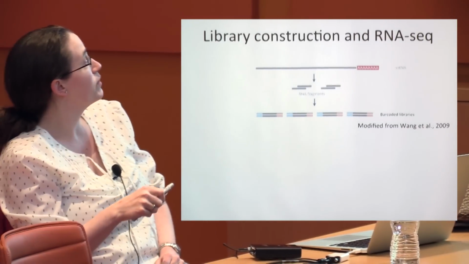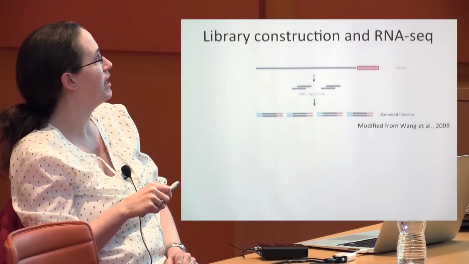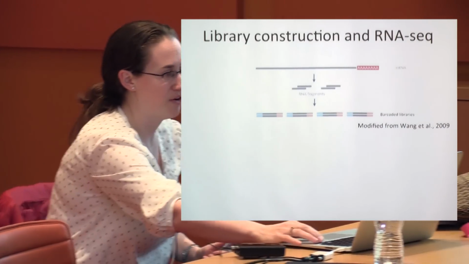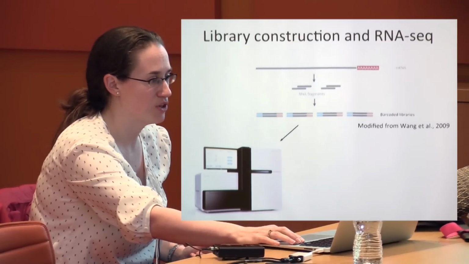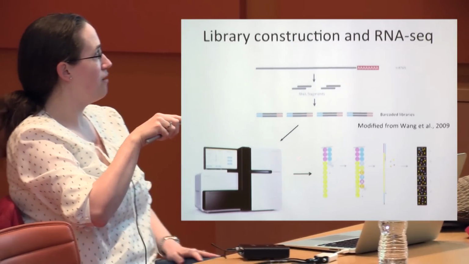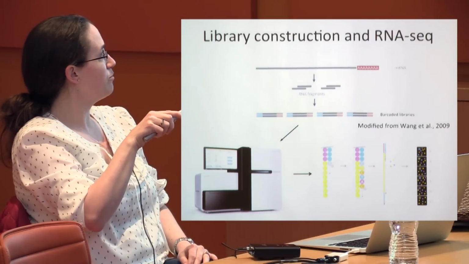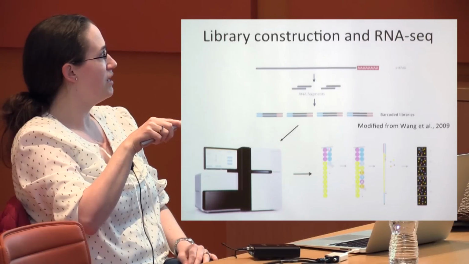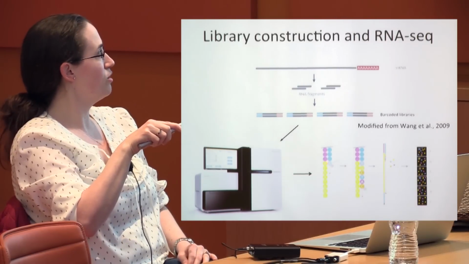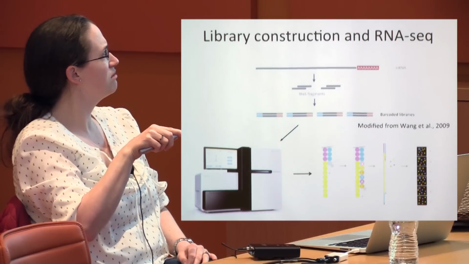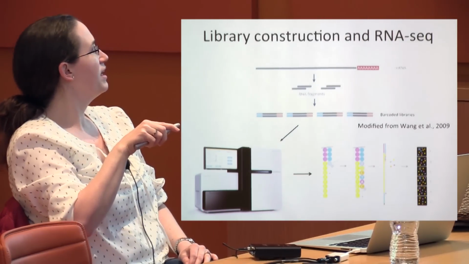So once we have our amplified RNA, we fragment, and then we add on these little adapters, which are necessary for when we put it on the sequencer. And what happens is we have this flow cell, which is just like a solid thing, and these little adapters bind on, and an enzyme comes along and says, oh, there's an A, let's put a complementary T, and it blinks blue.